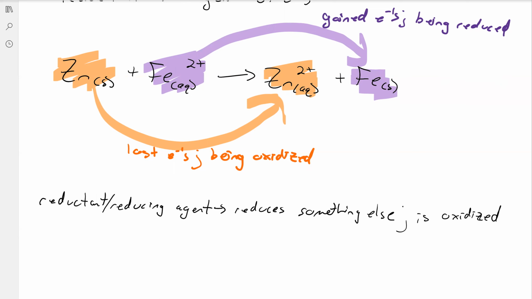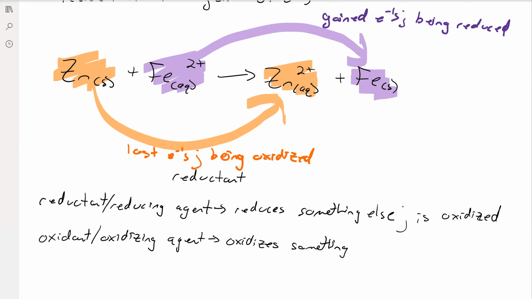For example, in our example up above, the thing that gave the electrons up was the zinc. So the zinc reduced the iron, and so the zinc is the reductant or the reducing agent. And then vice versa, the oxidant or oxidizing agent is something that oxidizes something else.